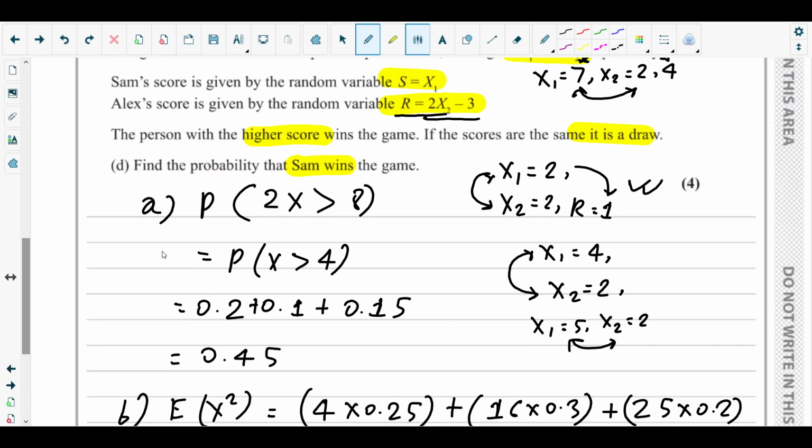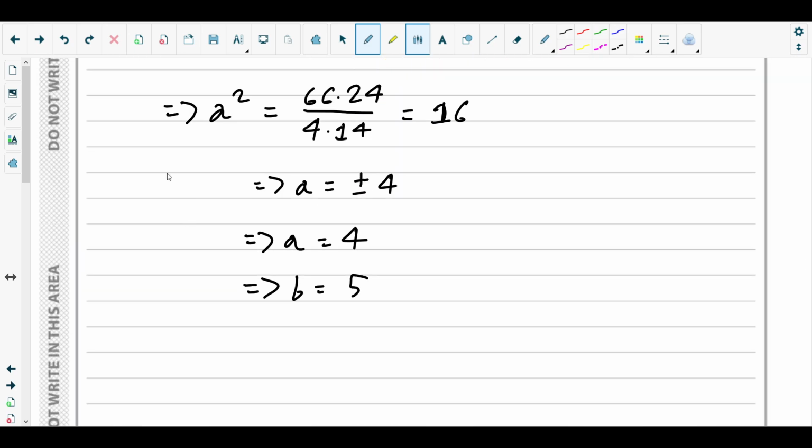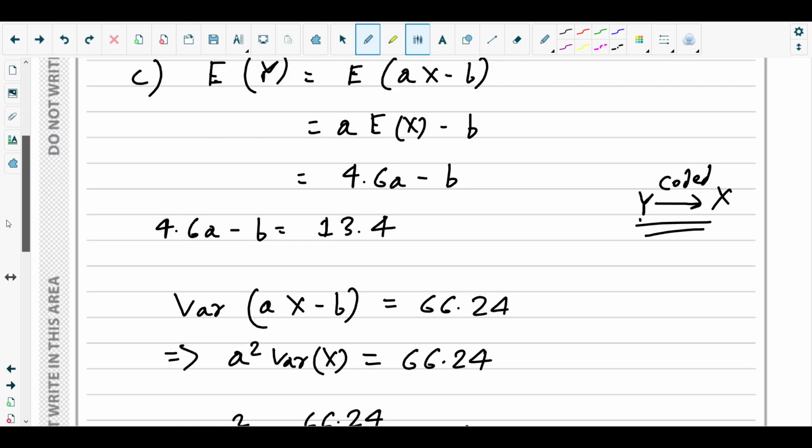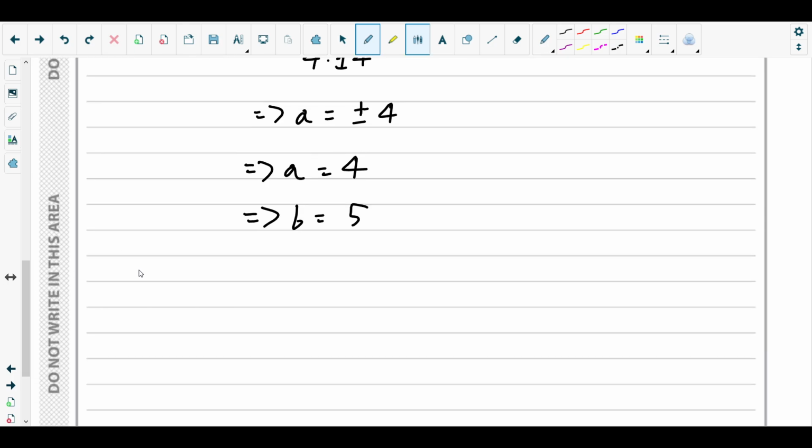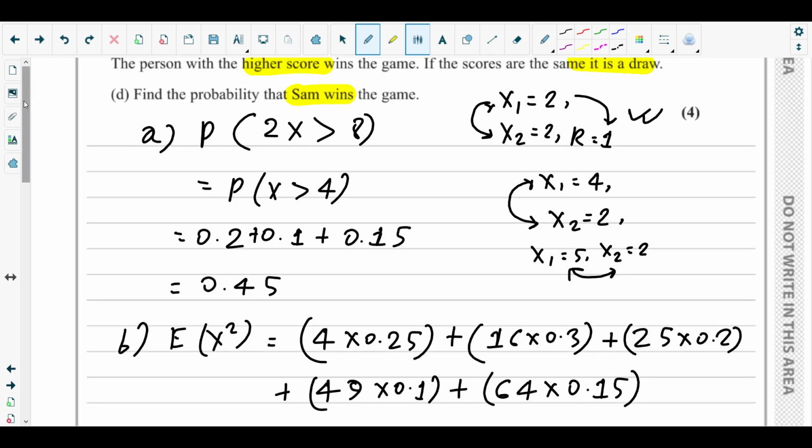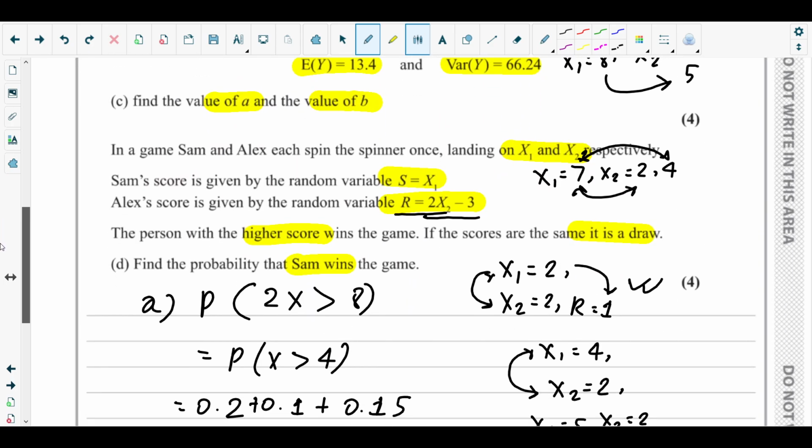Fine. So for part D, we need to find the probability that Sam wins. So let's consider the probabilities.